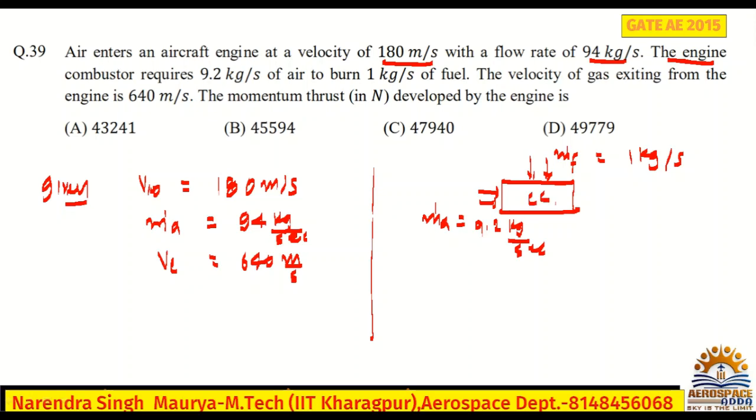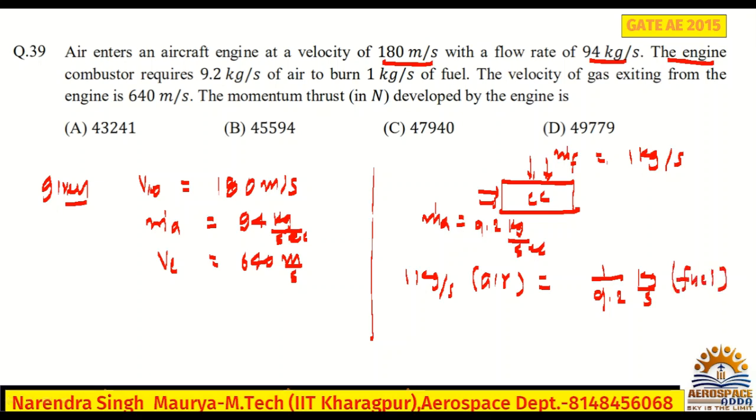What is the meaning of it? Its meaning is simple: if you are supplying 1 kg per second of air, then it will burn 1 upon 9.2 kg per second of fuel. Hope you understood.